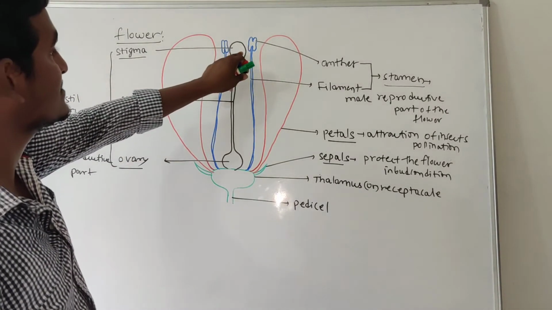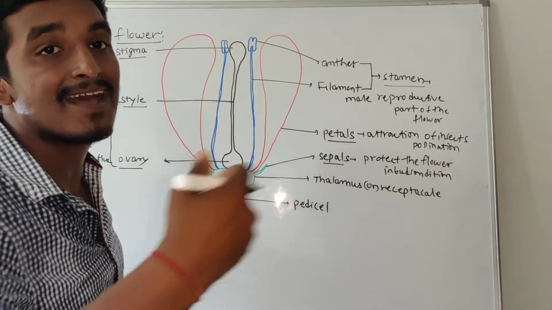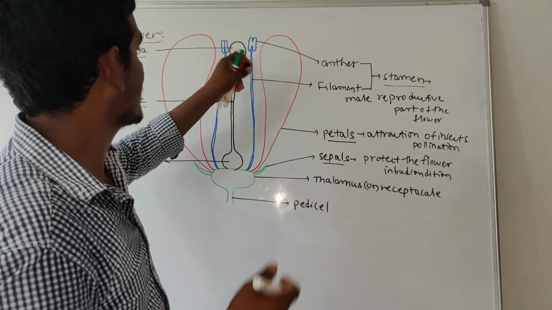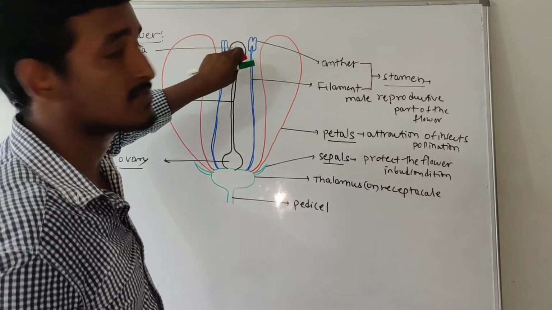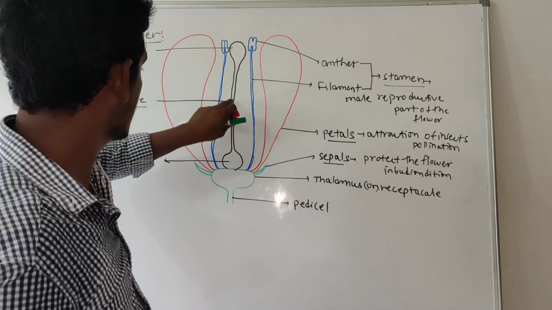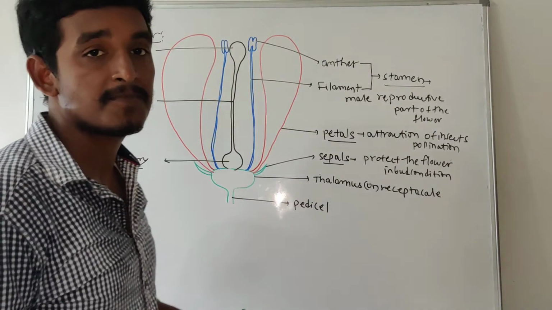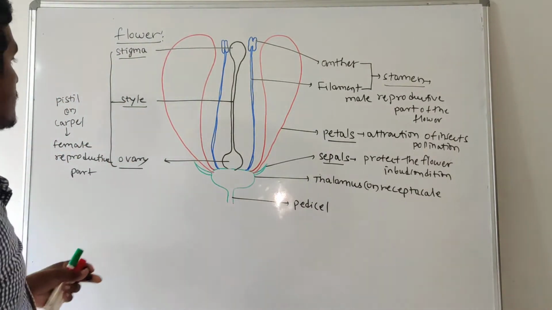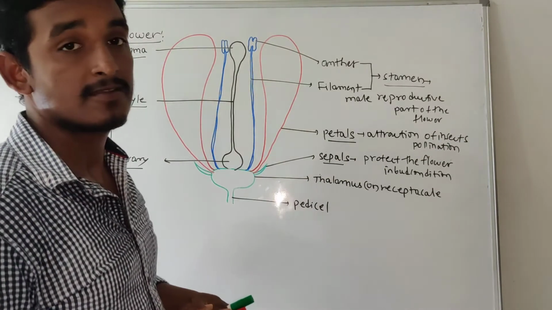Generally the stigma helps to receive pollen grains from other plants or the same plant, taking up pollen grains from outside. With the help of the style, the pollen grains ultimately reach the ovary. So that is the female reproductive part.